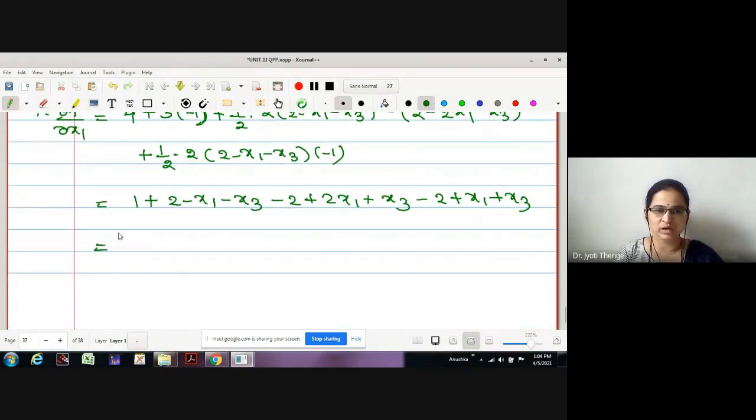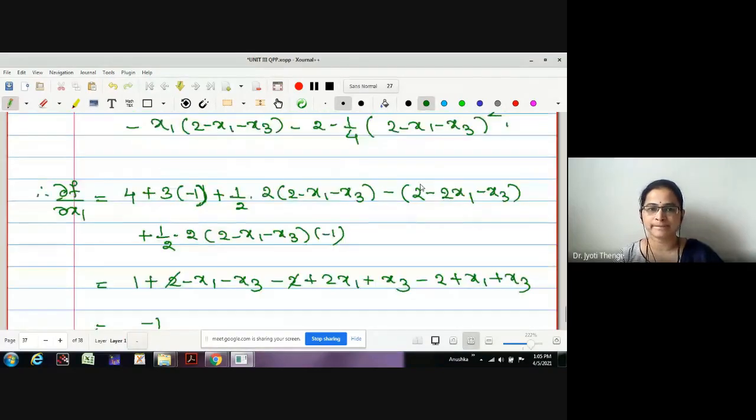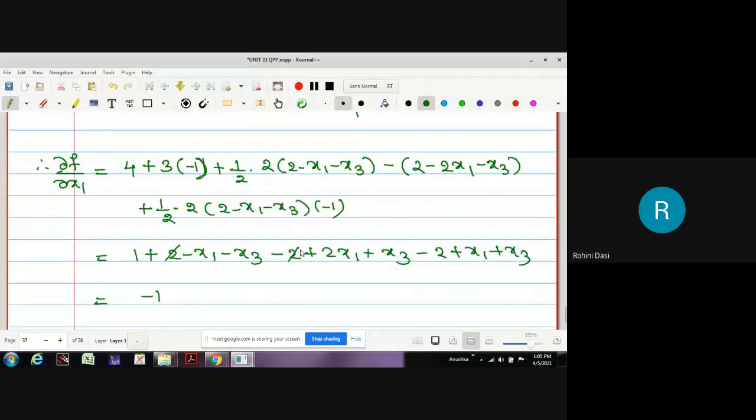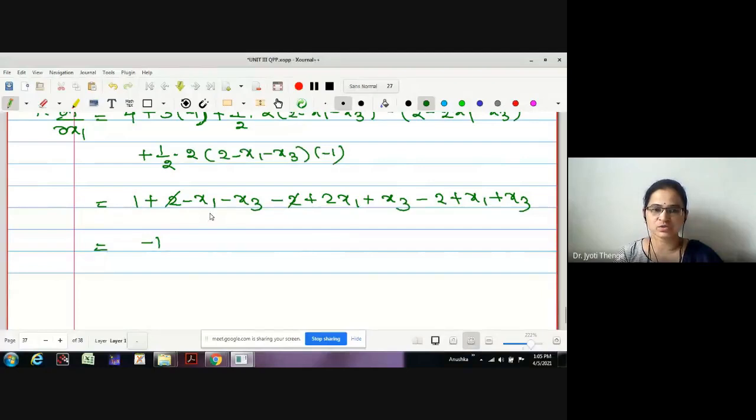Tell me the constant value. 1 plus 2 minus 2 cancels. 1 minus 2, this is minus 1. Correct, no? Yes, ma'am. What about the coefficient of x1? Minus 1 plus 2 plus x1 plus x1.